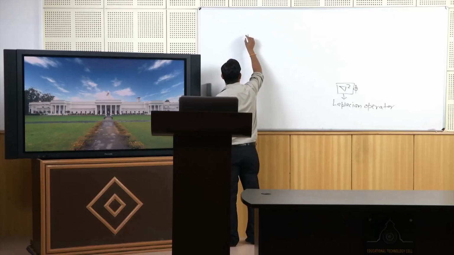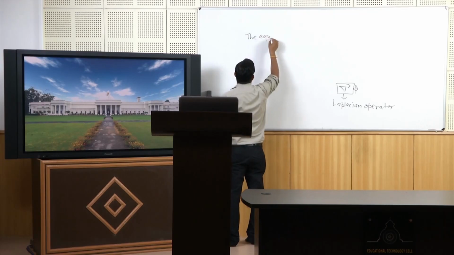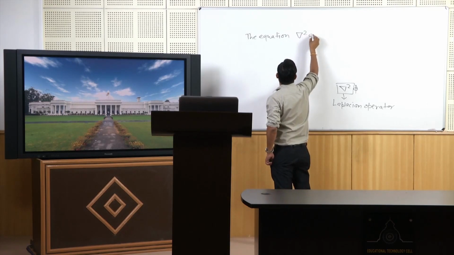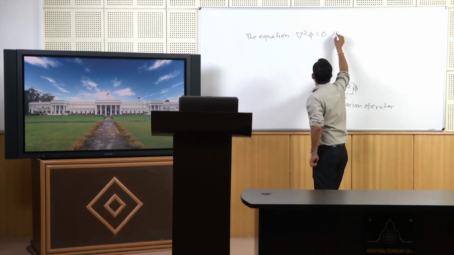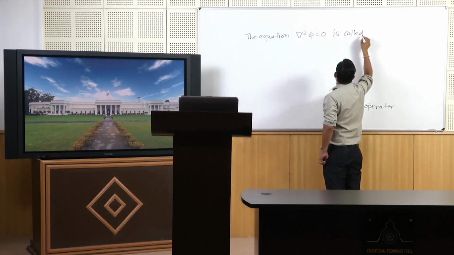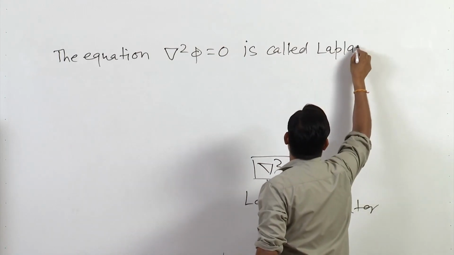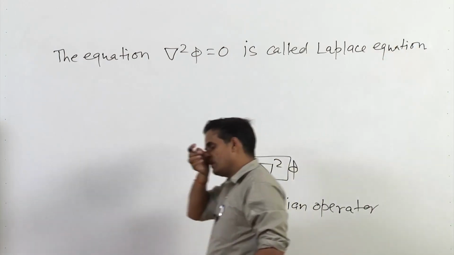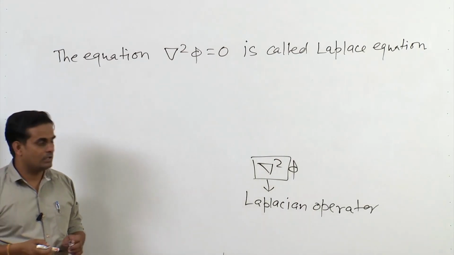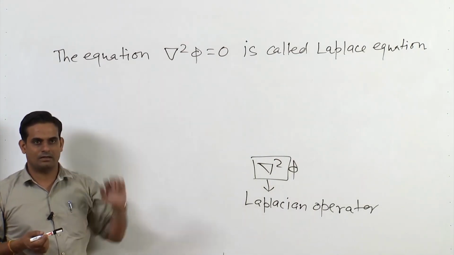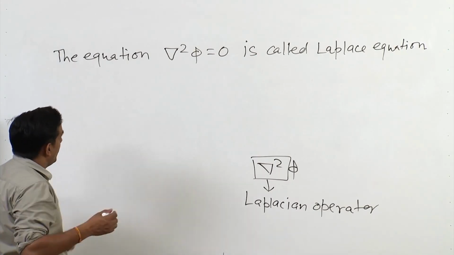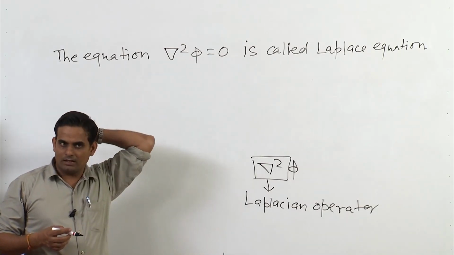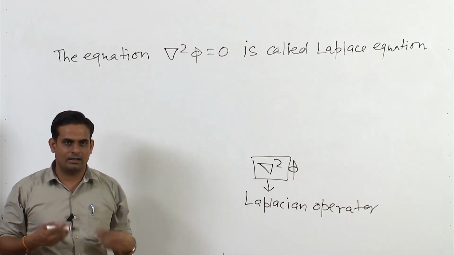Now the equation del square phi equals 0 is called the Laplace equation, and it is a famous partial differential equation. Can you tell me a function which satisfies this equation? Here we can easily construct such a function.